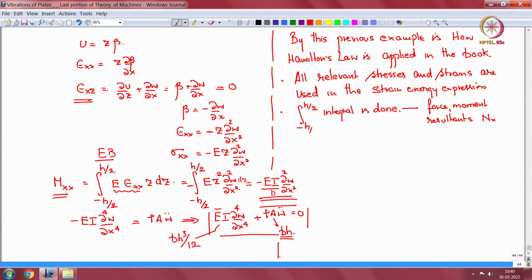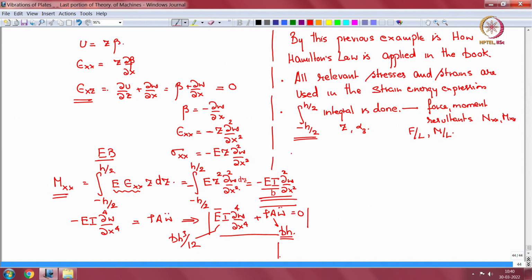Like nxx and mxx, these are force per unit length and moment per unit length. They have such units; they are not full moment and full force units, but they appear the moment you do this z or alpha 3 direction integral.